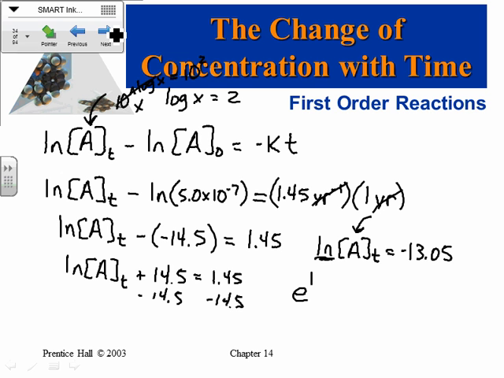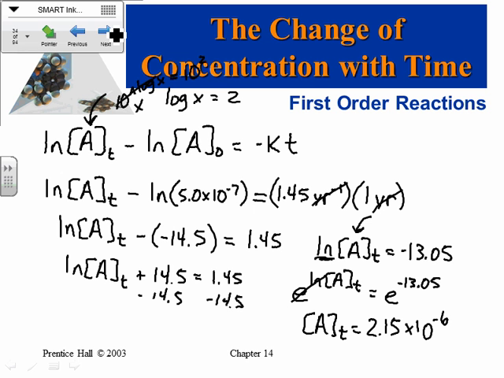So e to the natural log of a at time t is equal to e to the negative 13.05. Okay? And so then that's going to cancel out the natural log here, and so you end up with a at time t is equal to, here's my e button, e to the 13.05, and I'm getting 2.15 times 10 to the negative 6.